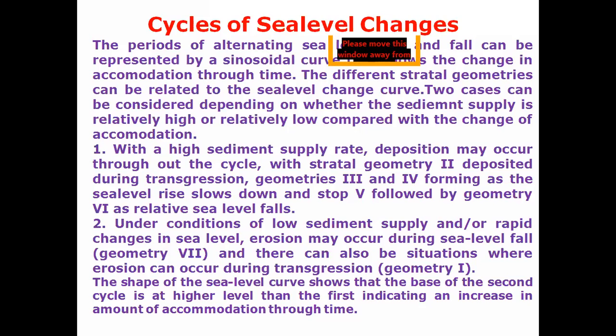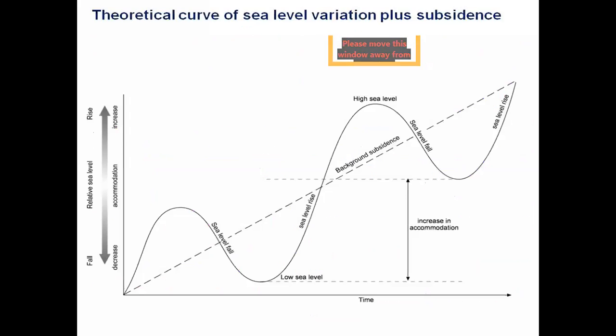The shape of the sea level curve shows that the base of the second cycle is at a higher level than the first, indicating an increase in the amount of accommodation through time. So you can see it here. This is the sea level curve, and you can see different periods or different levels of sea level, and you can see the accommodation space.